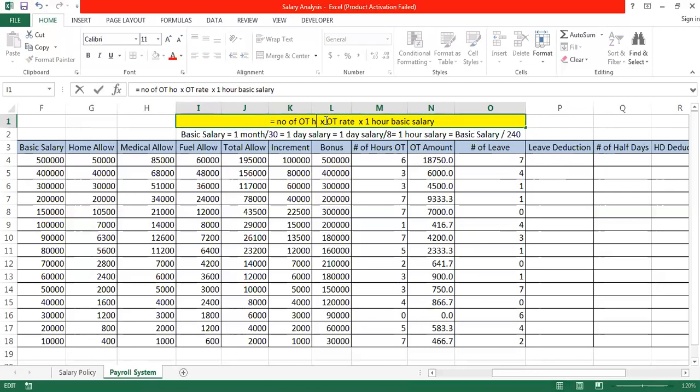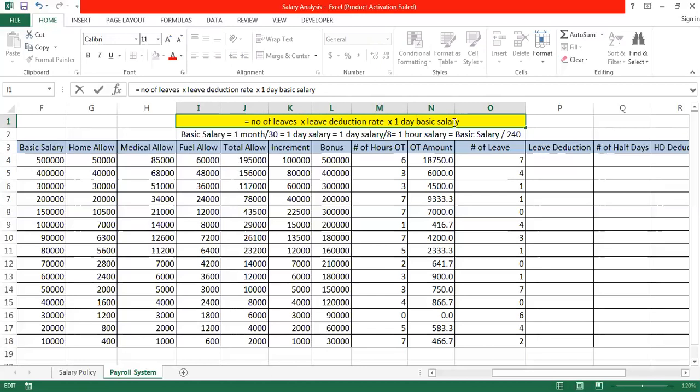So number of leaves multiplied by leave deduction rate multiplied by 1 day basic salary.